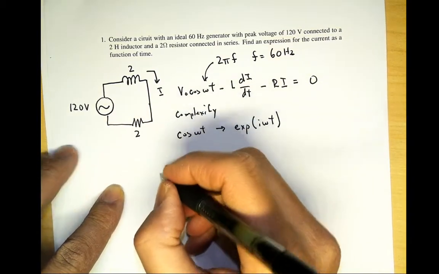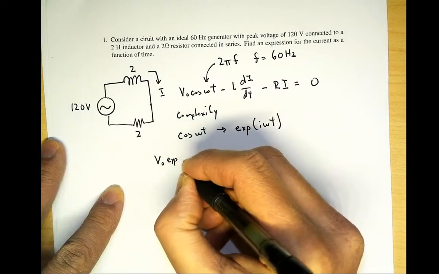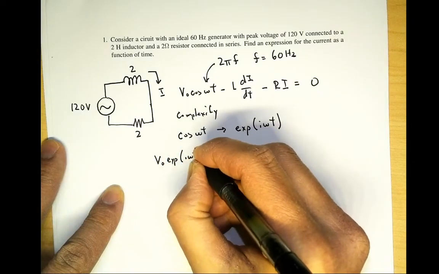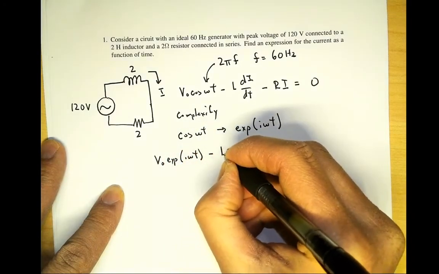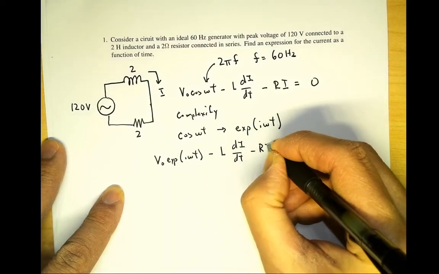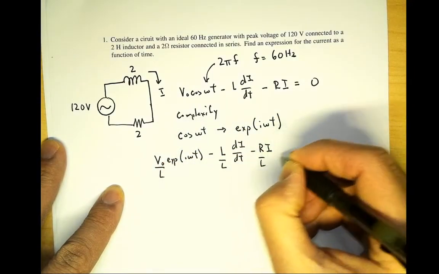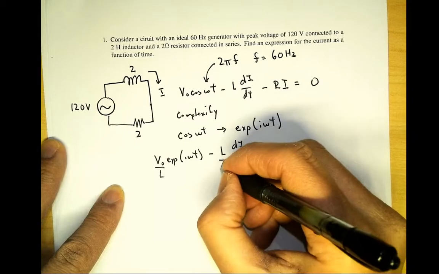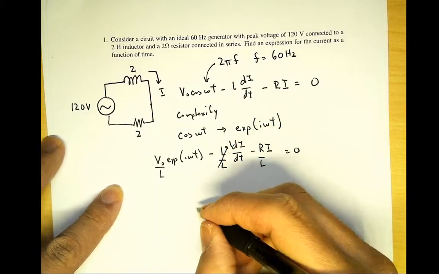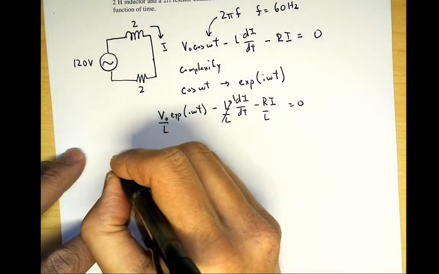So let's write this thing down then. This is going to be V0 e to the I omega t minus L di dt minus R times I equals 0. I'm going to divide by L, so that goes to 1. Okay, so let's write down my final equation, which will be simpler.